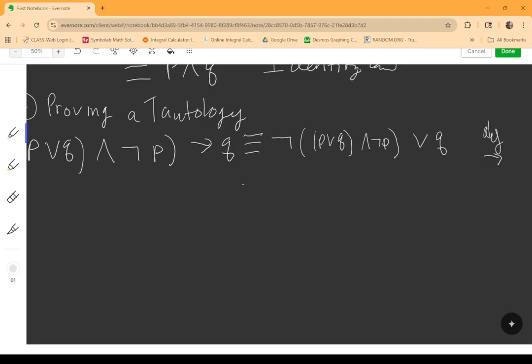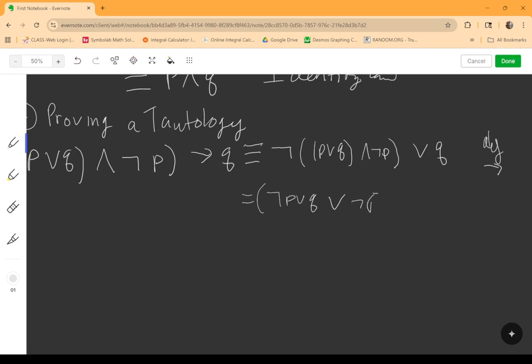De Morgan's states that we want to negate P or Q, and then this goes from an and to an or, and negate not P. So we have not (P or Q) or not not P, or Q. This one is De Morgan's.